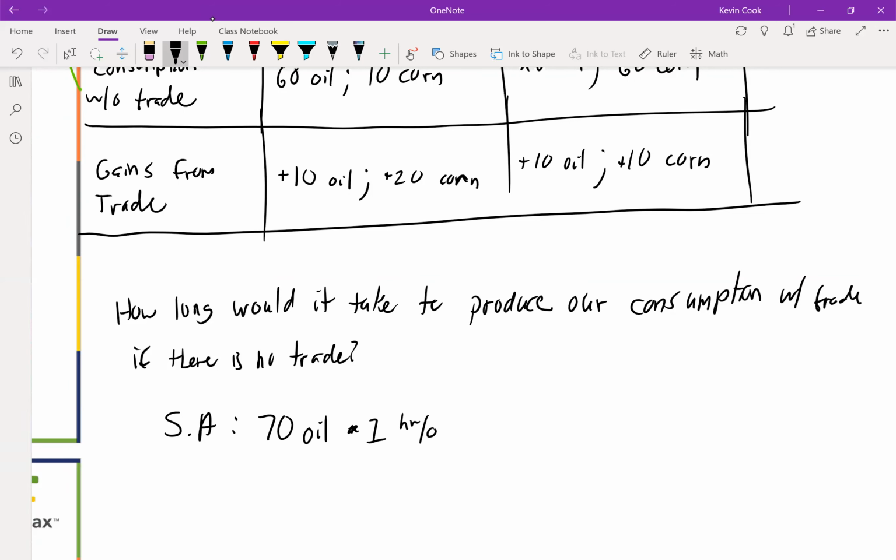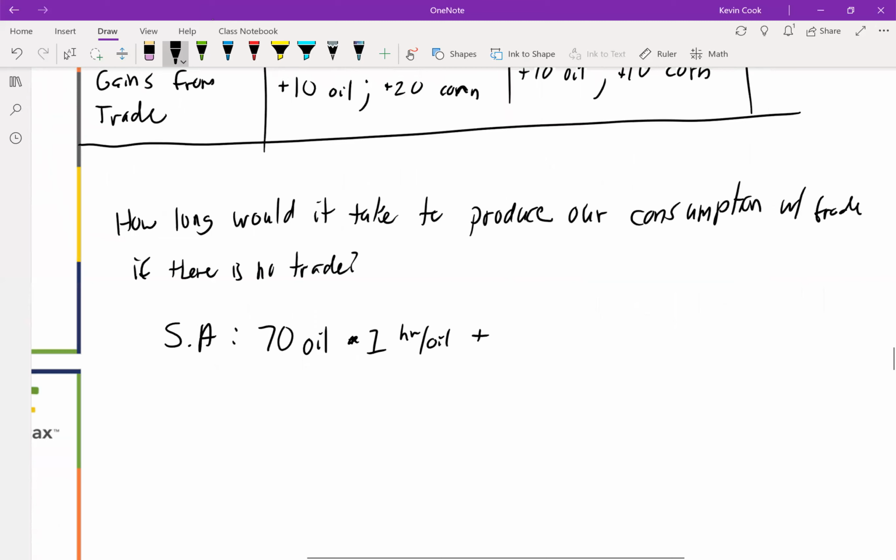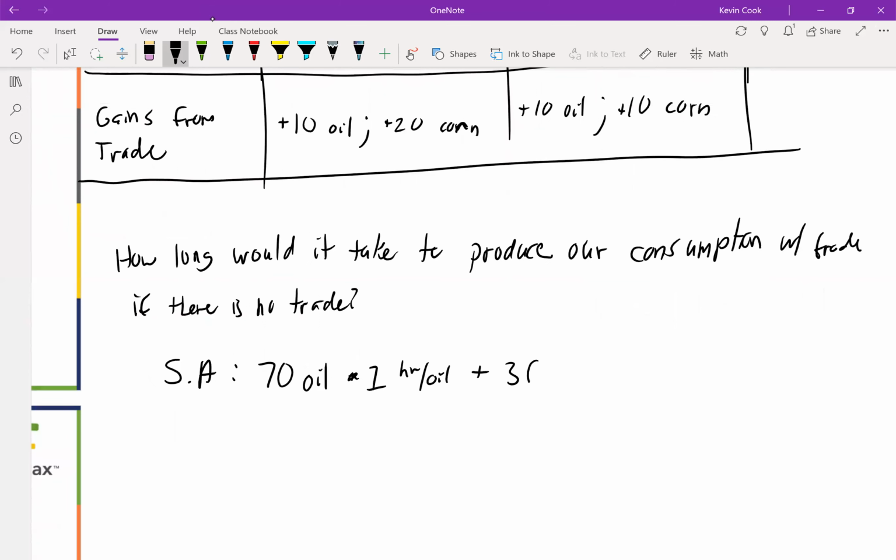So 1 hour per oil. And then they have 30 units of corn, and it takes them 4 hours to produce 1 corn, or 4 hours per corn.